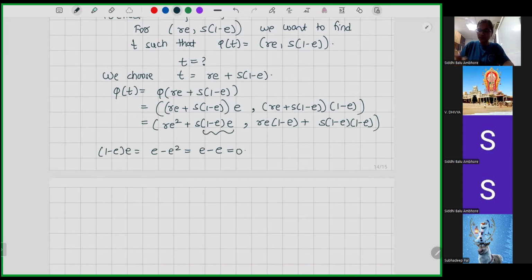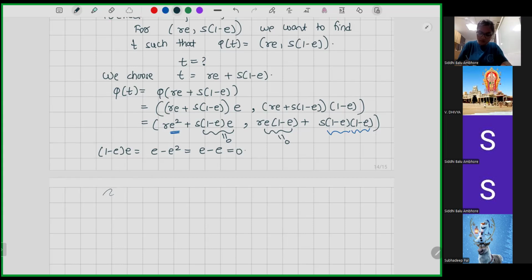So this term where we have the product (1-e) into e, and this term where we have the product (1-e) into (1-e), this becomes 0, and this e squared here is idempotent. So Re squared actually becomes Re, and in this second ring R(1-e), this is the multiplicative identity. So this now becomes 1-e again.